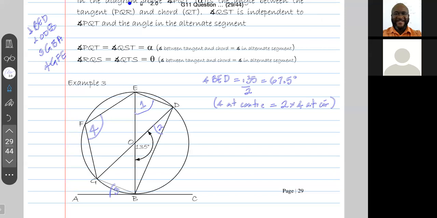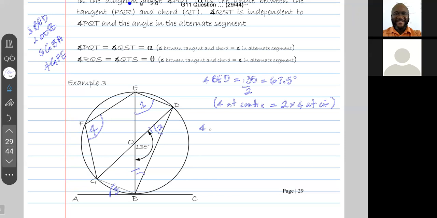Next, we need ODB, which is identified as angle 2. Now, OD and OB are both radius. That makes triangle BOD an isosceles triangle. So the two base angles are equal.